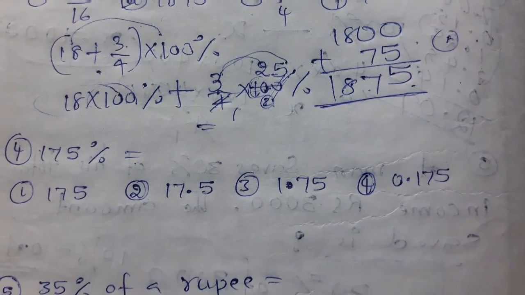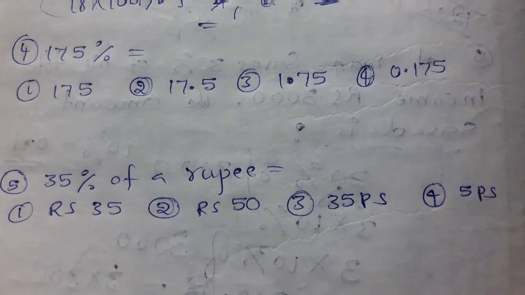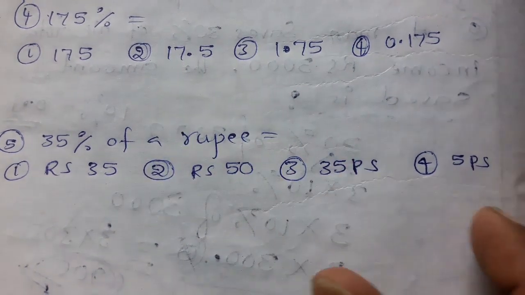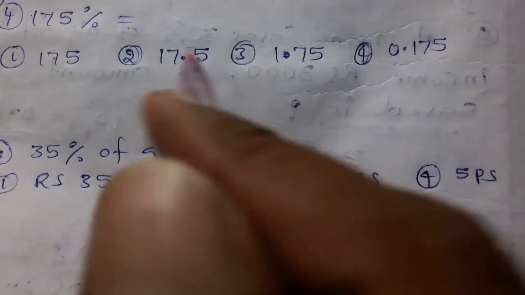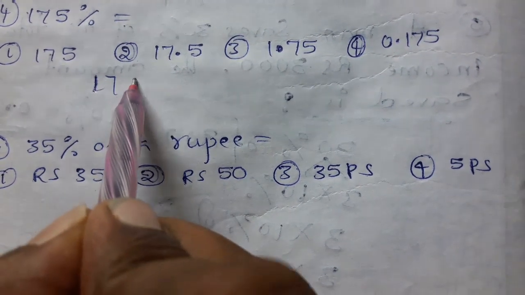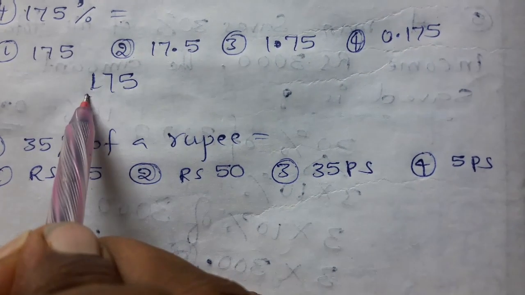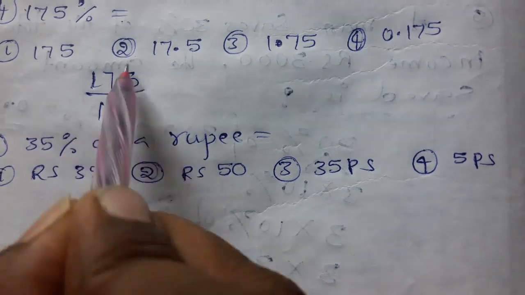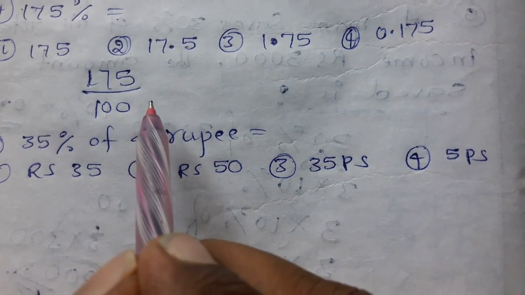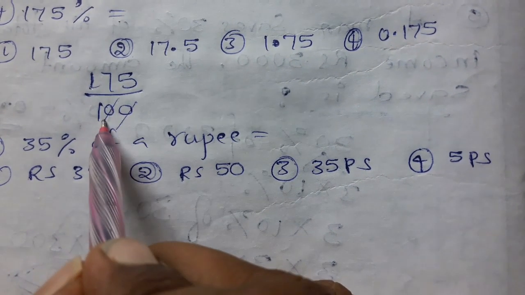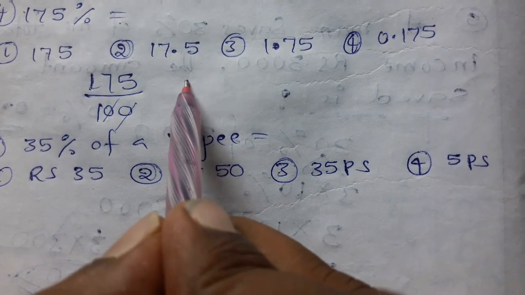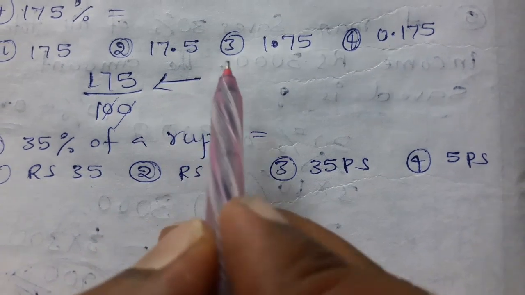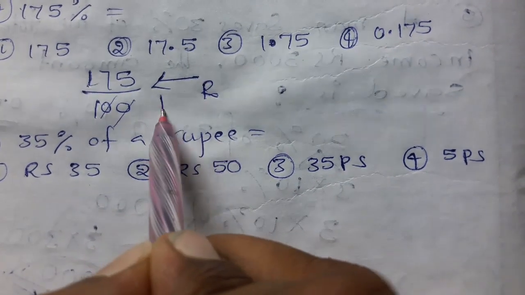Now move to the next question. See, 175% equals to, nothing is given. Now 175, remove the percentage symbol, divide it by 100, isn't it? Now how many zeros are there? 2 zeros. So the decimal point moves in reverse direction, that means right to left.